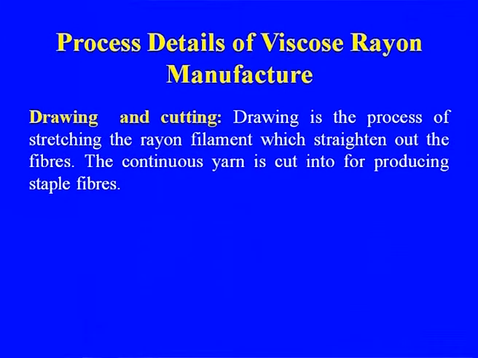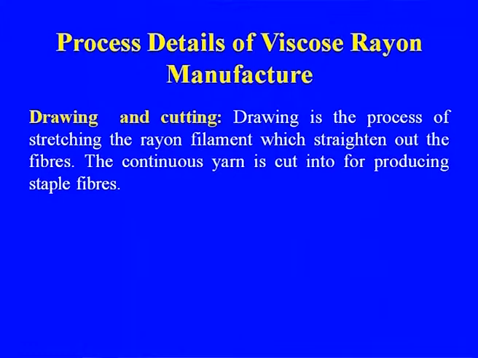Drying is the process of stretching the rayon filament, which straightens out the fibers, because drying is very important in the case of fibers, and it gives strength to the yarn. The continuous yarn is cut into staples for producing staple fibers.